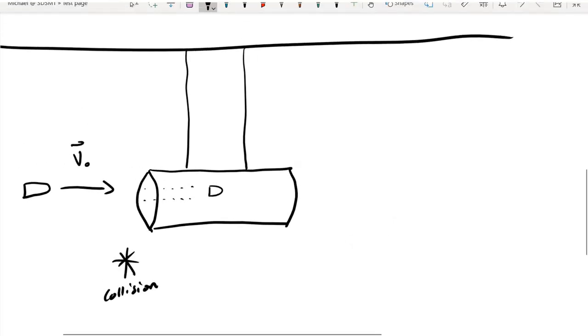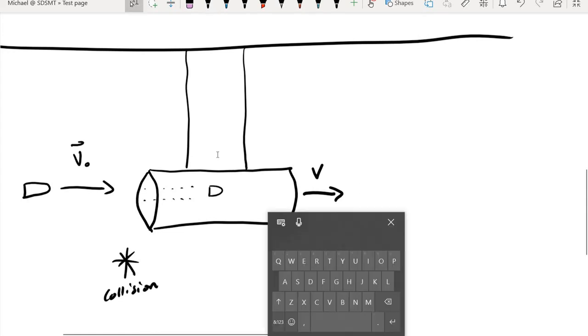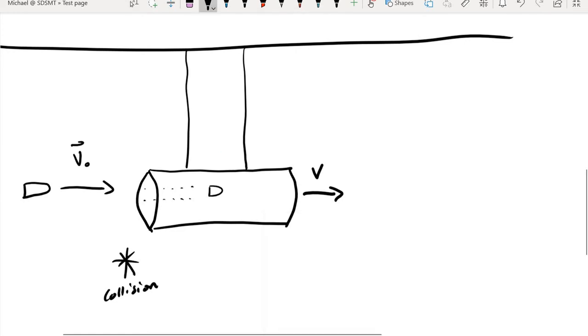Now we have the log hanging by some ropes from the ceiling, and after the transfer of momentum and energy, the log is going to have some velocity after the collision, which will then begin to carry it forward.